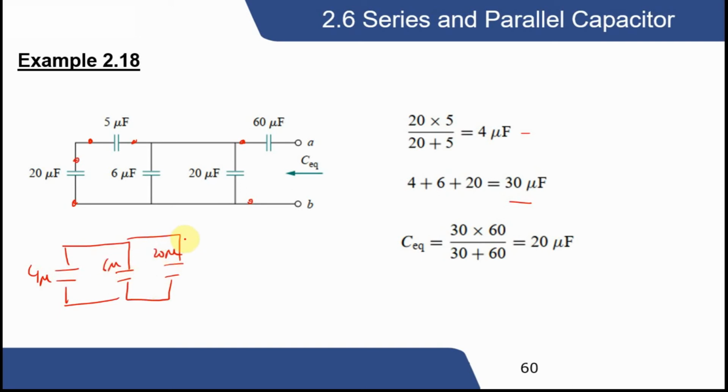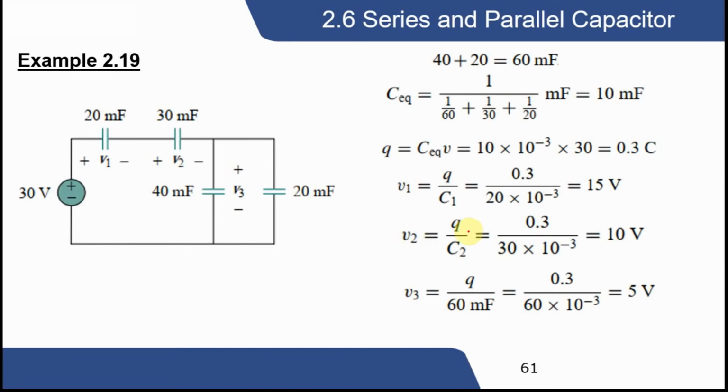The equivalent of these 3 capacitances becomes 1 capacitance of 30 micro, and then 30 micro is in series with 60 micro. So 30 multiplied by 60 divided by 30 plus 60 becomes 20 microfarad. CEQ is 20 microfarad. I hope you understand this part.